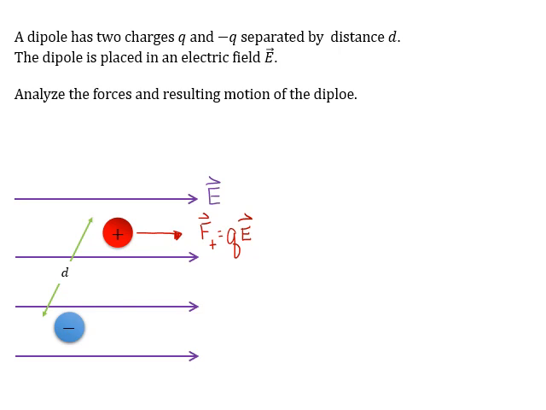So the force on our negative charge is going to point to the left. The force on the negative is equal to minus the magnitude of the charge times the electric field E. Okay, so if those are our forces, we might ask what is the net force? And the net force would be the vector sum of those forces.